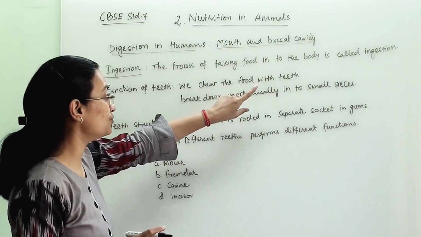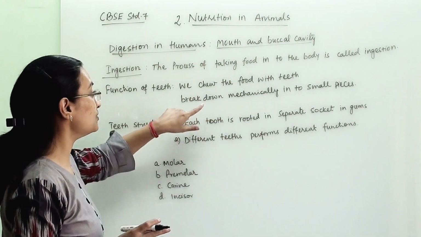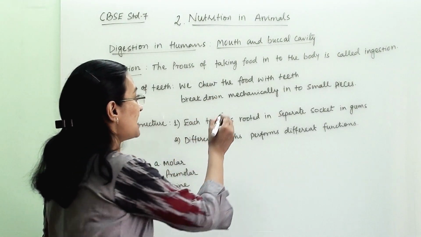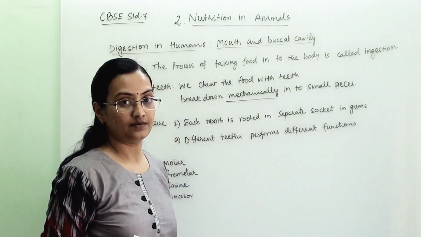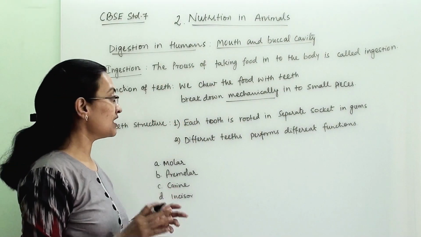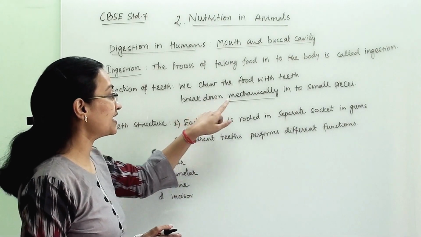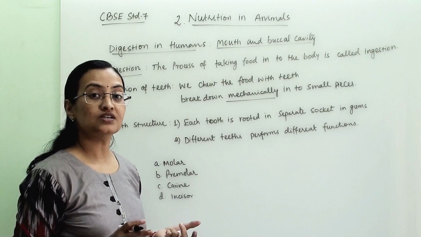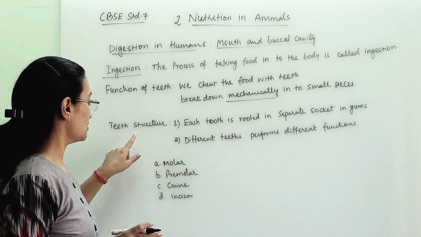We chew the food with teeth, and teeth break down the food into smaller pieces, and this happens only mechanically. So this process is mechanical. Now how is the tooth structured?